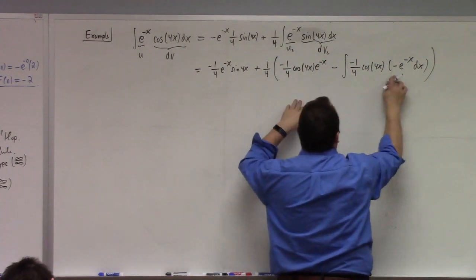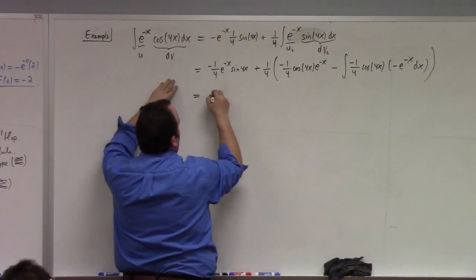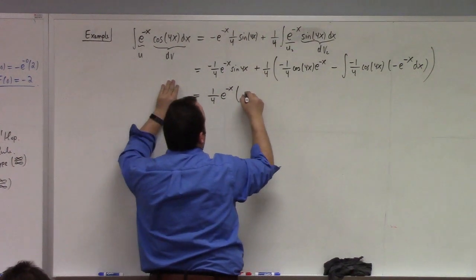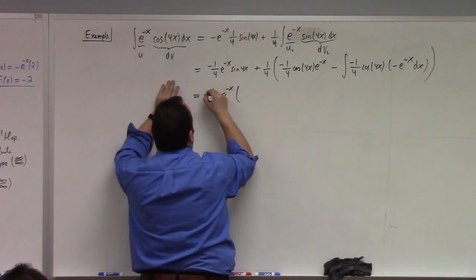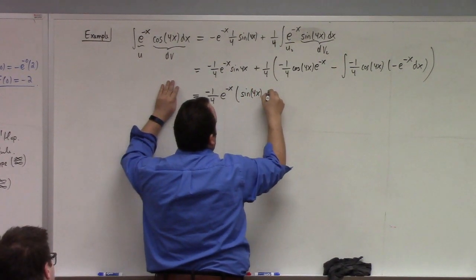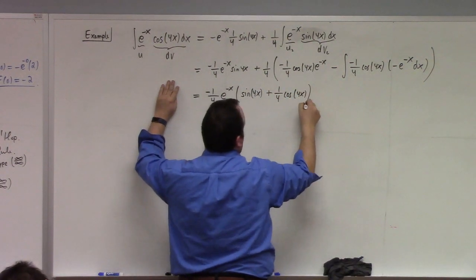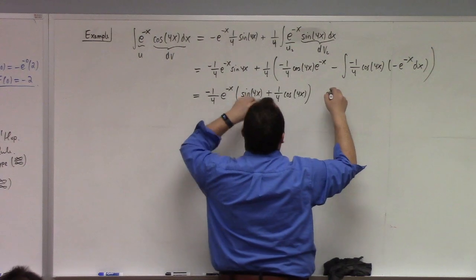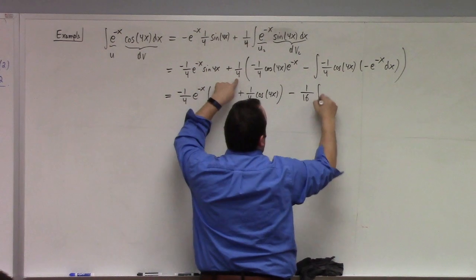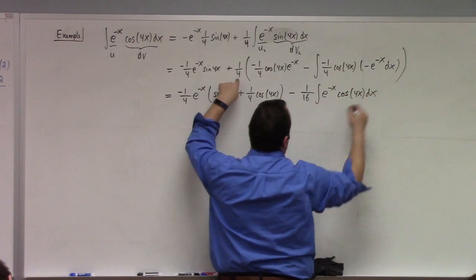There are 1, 2, 3 minuses on that last term. So it looks like we've got 1/4 e to the minus x, parentheses, I'll put a minus up front there, minus 1/4 e to the minus x sine 4x plus 1/4 cosine 4x. And then this guy, 1/4 minus 1 over 16 integral of e to the minus x cosine 4x dx.